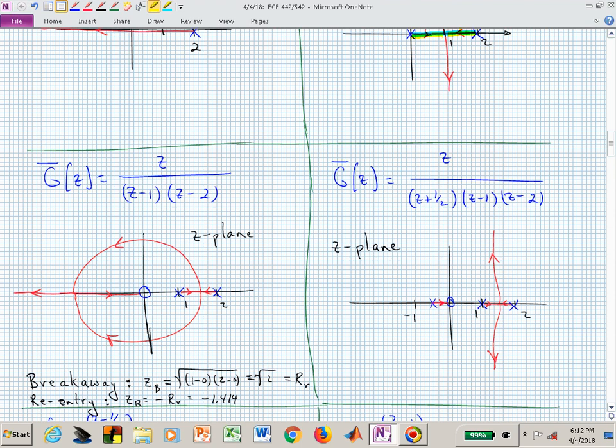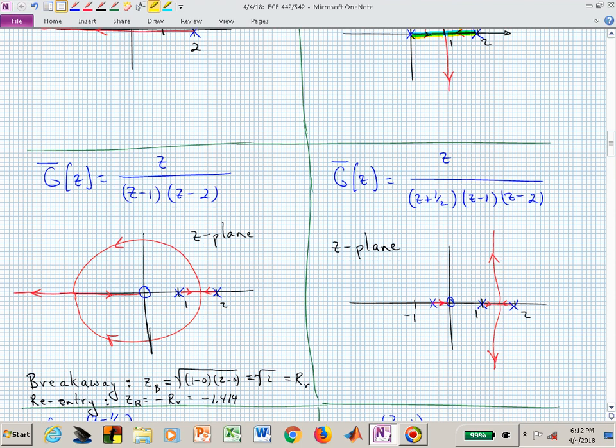I have 3 poles, so I have 3 branches. What's my pole-zero excess? 2. So how many branches of that root locus are going off to infinity? 2. You just have to keep that number on your hand, and now you know how many branches are going off to infinity. And we'll learn where those are going later.